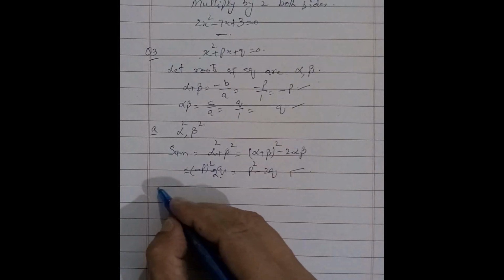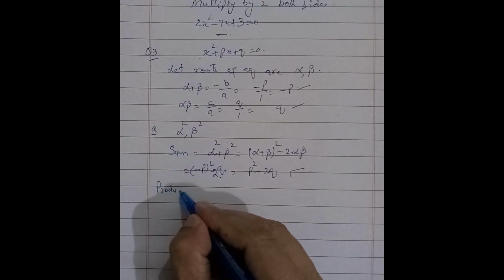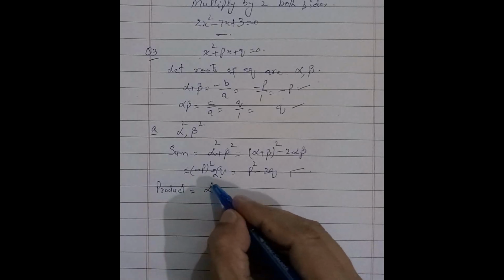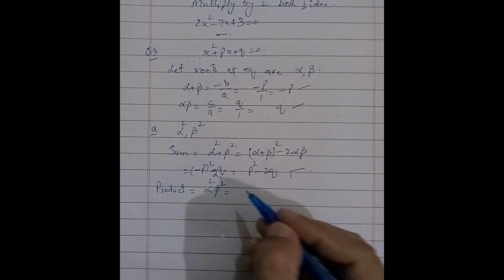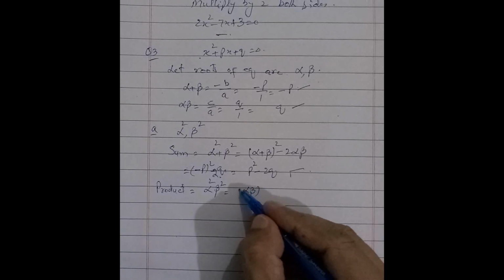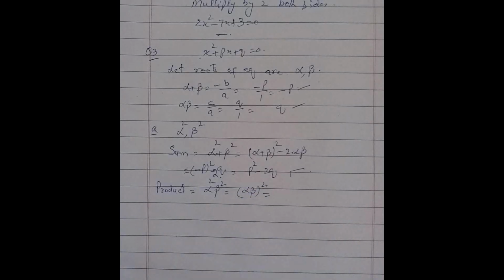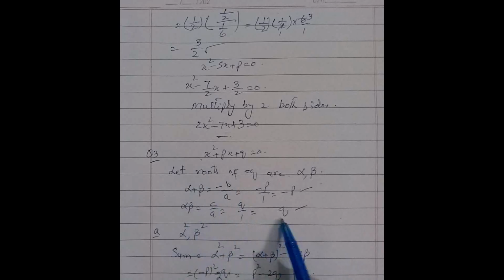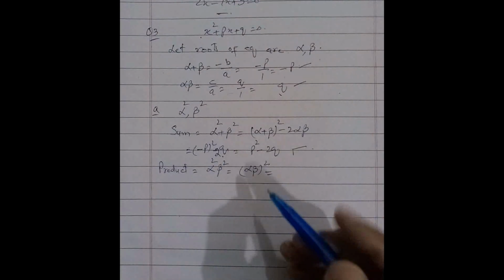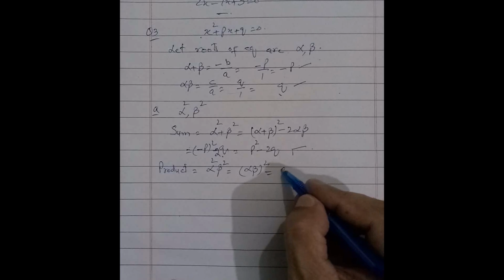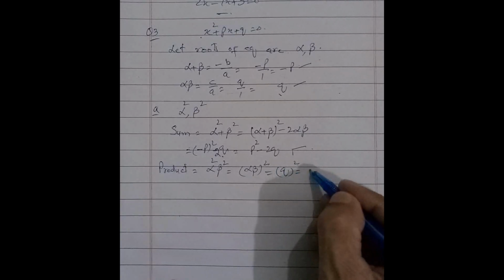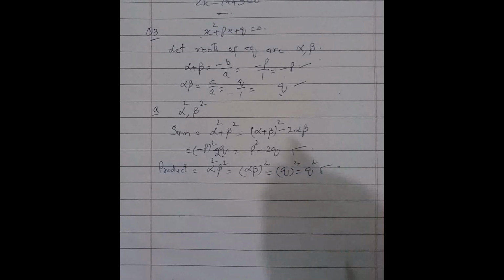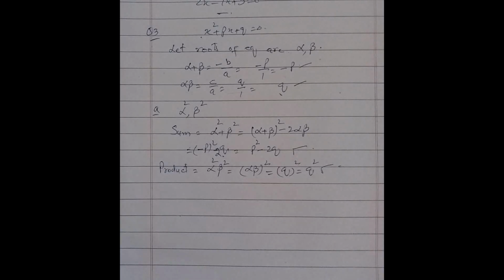And now we find the product, which is equal to alpha square beta square is equal to alpha beta whole square. Alpha beta is the product of the given equation x square plus px plus q, which is q, and this is alpha beta whole square, meaning q whole square is equal to q square, and it is the product of the required equation.